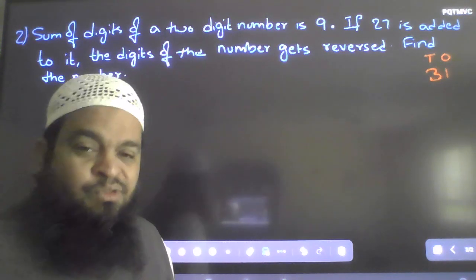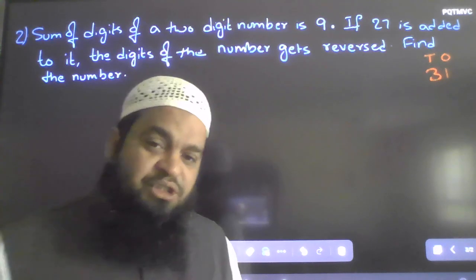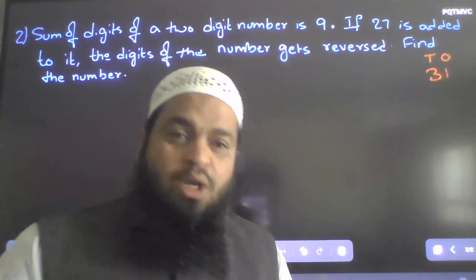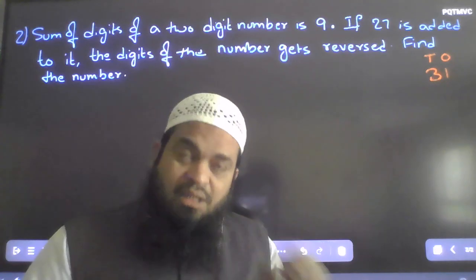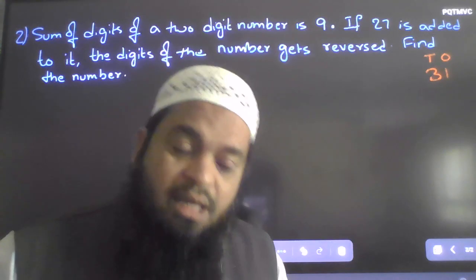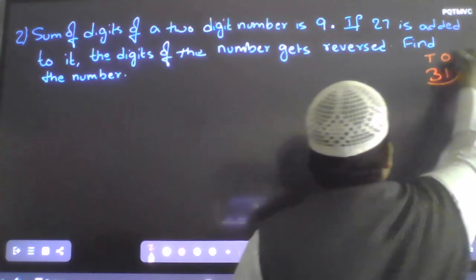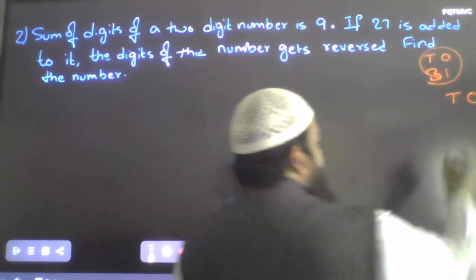When you don't know the number and he says it is a two-digit number, and he informs you about the sum of the two digits, you have to take the digits separately: a tens digit and a ones digit. Let us take the tens digit.